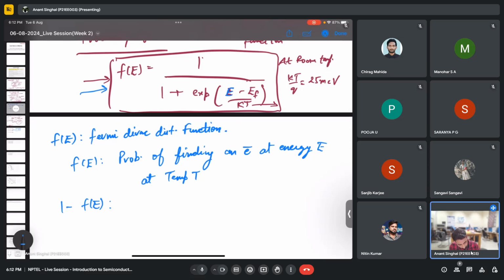So 1 minus Fe gives the probability of finding a hole at again energy E at temperature T.